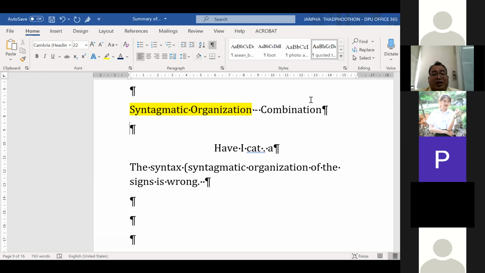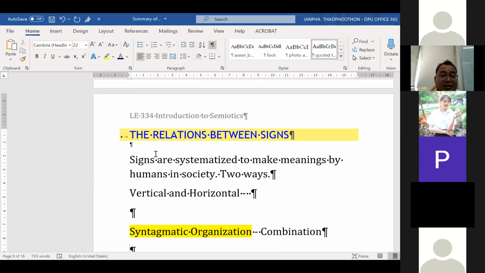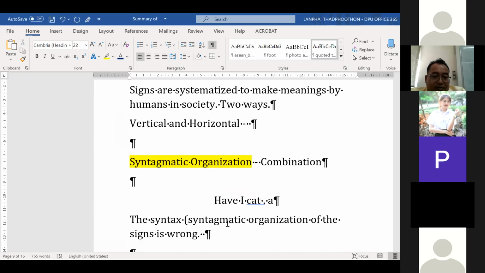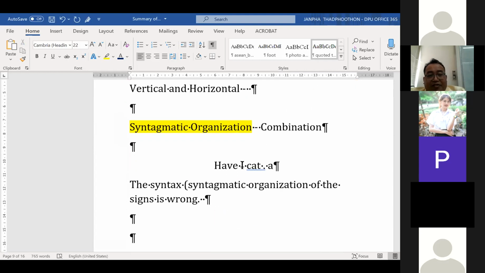That's why we have two systems. Signs are systematized to make meaning by humans in society, and we can do it in two ways. Syntagmatic organization is when we organize by the rules. For example, "have I cat."